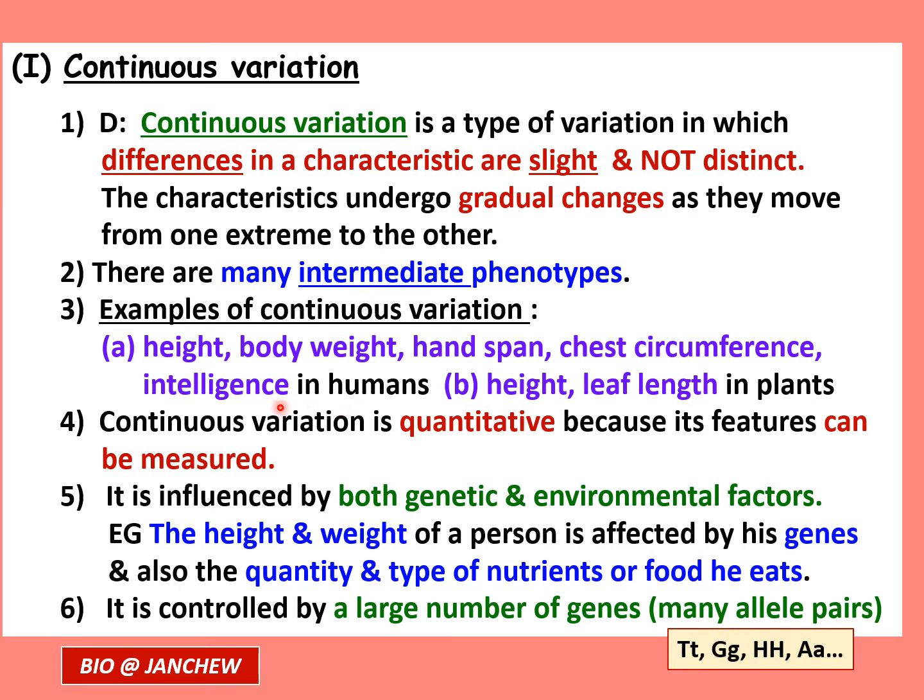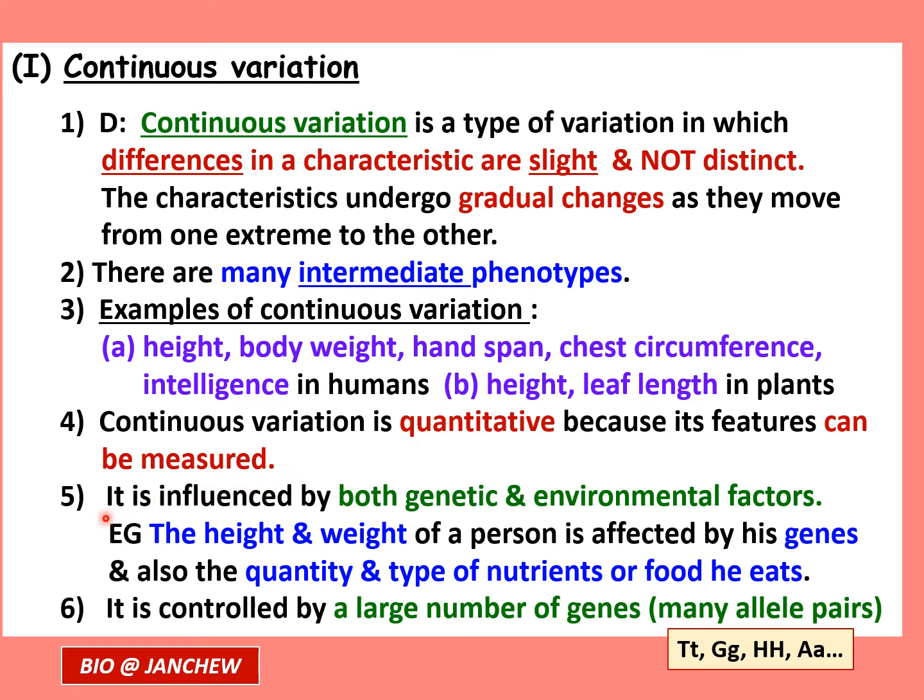This shows that intelligence is an example of continuous variation. So number 4, continuous variation is quantitative because its features can be measured.